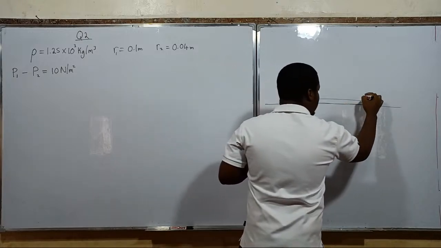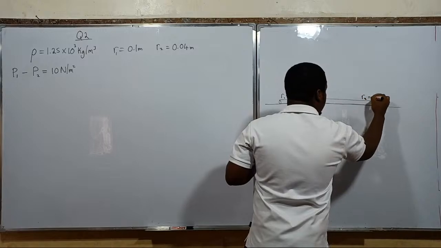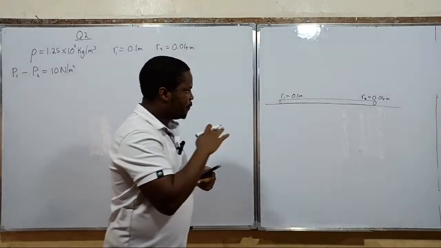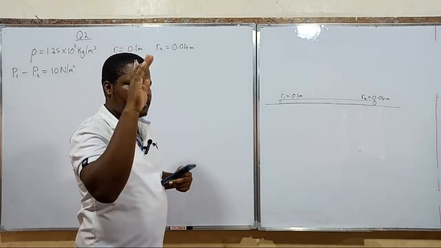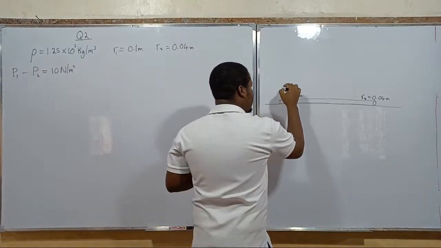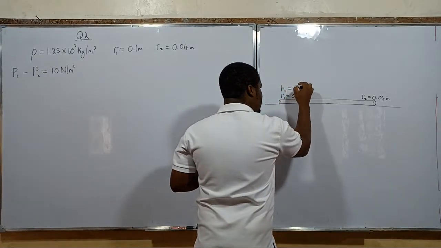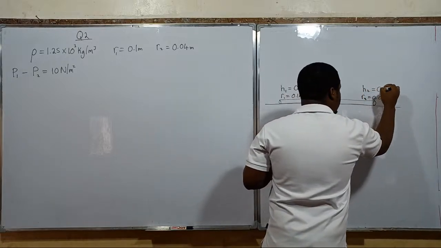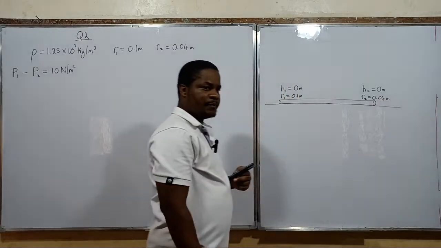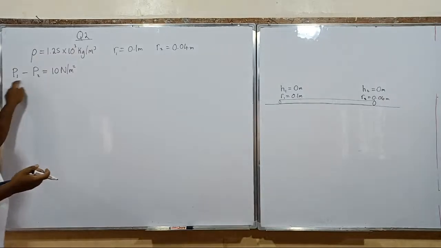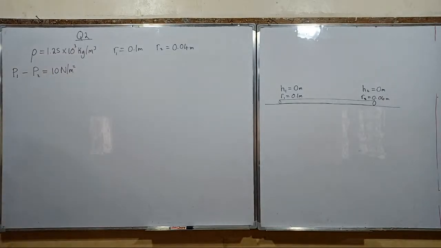On the other end, it has a radius of 0.04 meters. If you look at the pipe, it's not raising or dropping, it's just on level ground. So the height here is 0. Same thing here, the height is also 0, because it's also on the ground. Then the pressure drop is 10, meaning that the difference between the pressures is just 10.